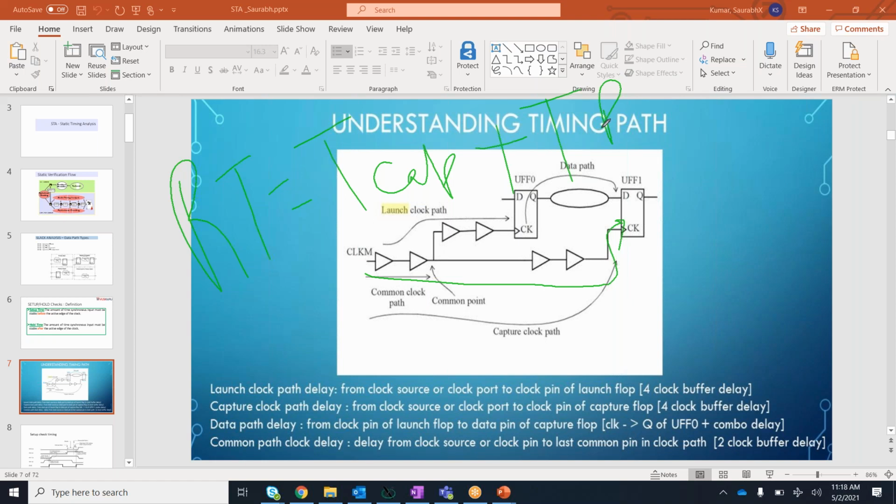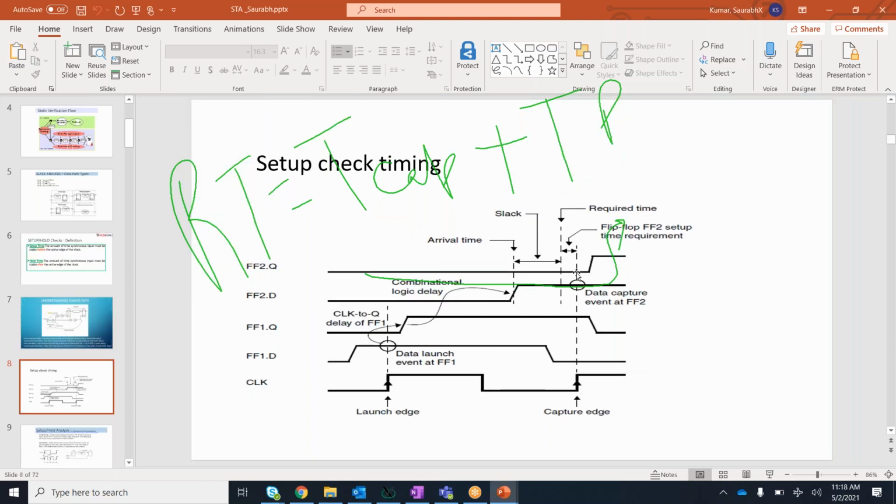And as per the setup definition, my data should reach before the settling time, that is called the setup time. Setup time for which flip flop? If you remember the circuit, the required time is nothing but T capture plus time period minus this setup time.